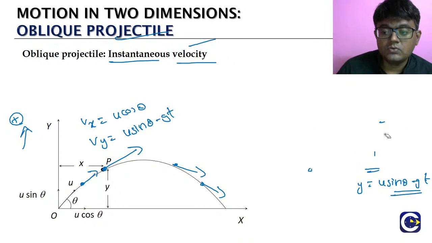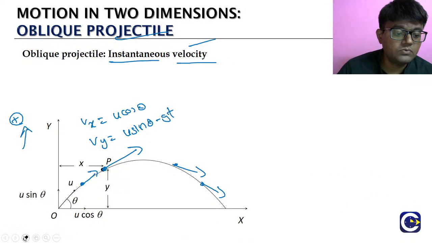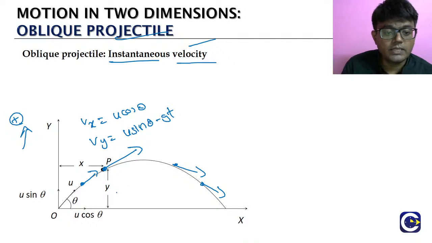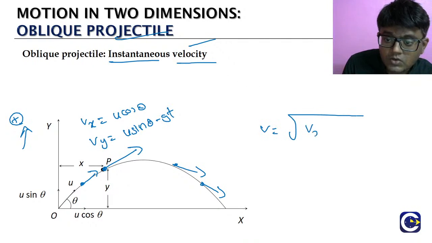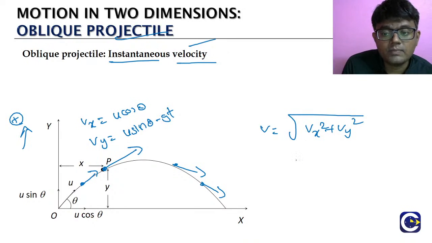How does the instantaneous velocity come? If you want the velocity value, we know the x component and we know the y component. So velocity will be equal to the root of vx square plus vy square, the x component square plus the y component square.